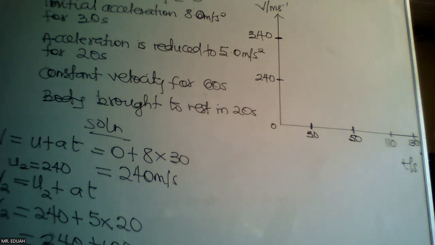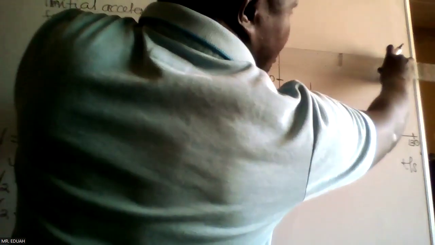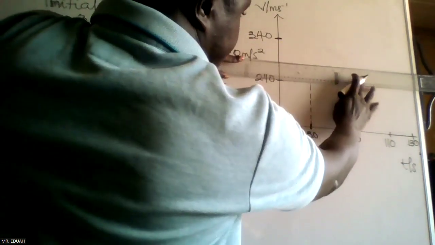So the body starts from rest. So within 30 seconds, there was a uniform acceleration. And the final velocity is this. So this 30 seconds must connect to this velocity.